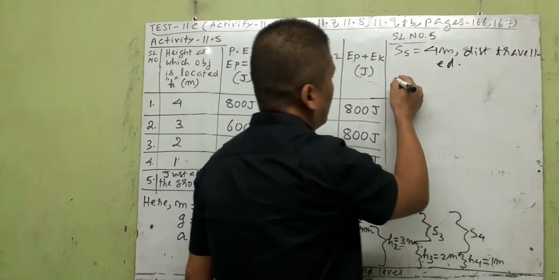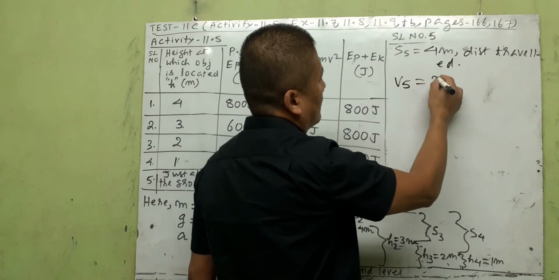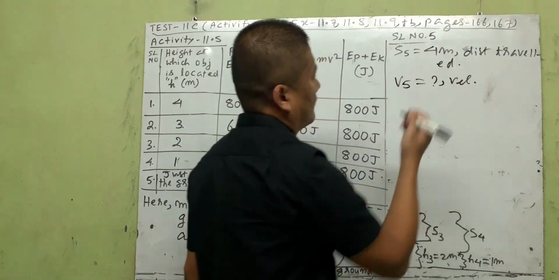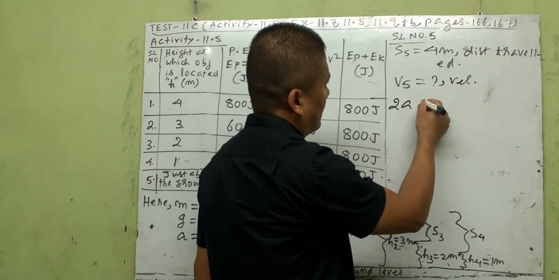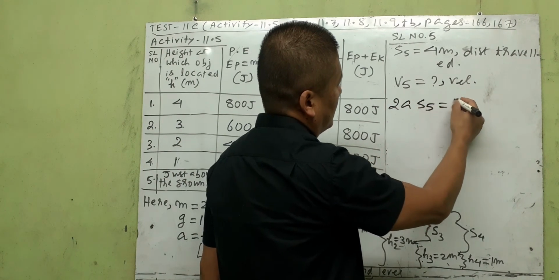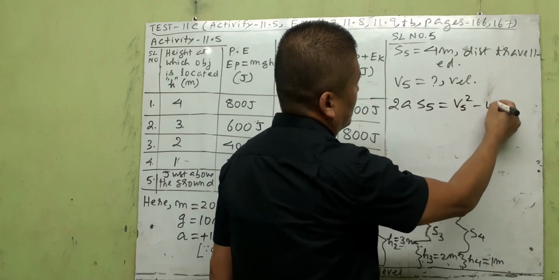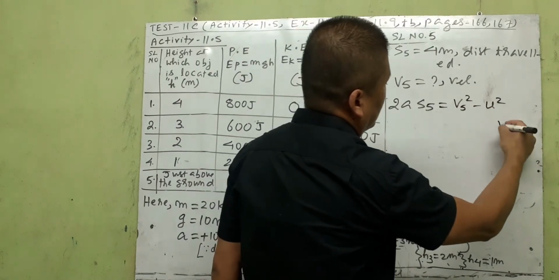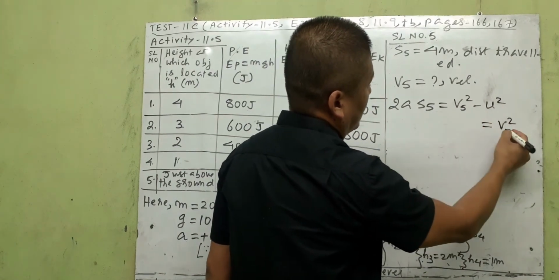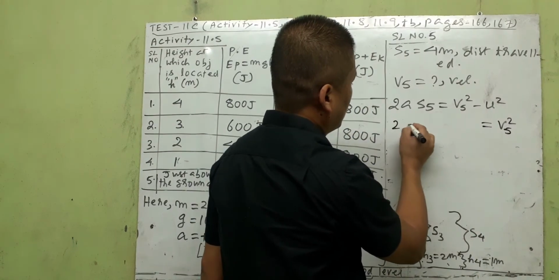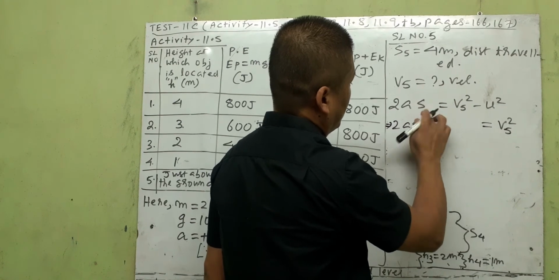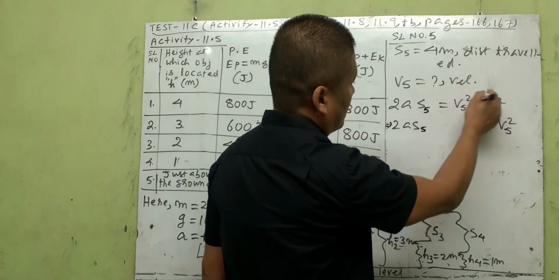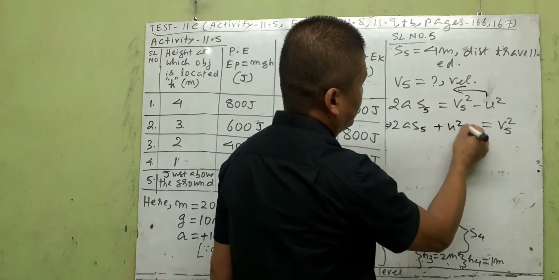Then V5 is the question mark, velocity in the fifth case. So we apply the formula 2AS5 equals V5 square minus U square. This one shifted becomes plus U square.